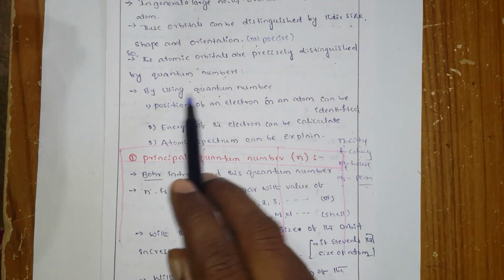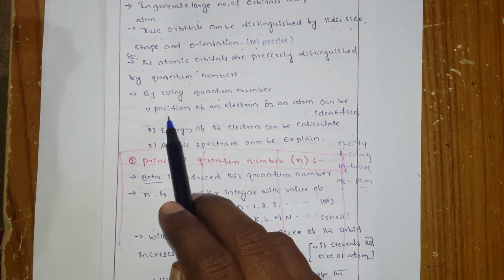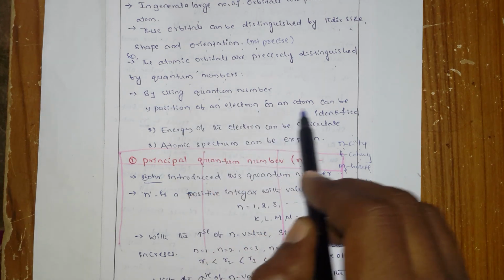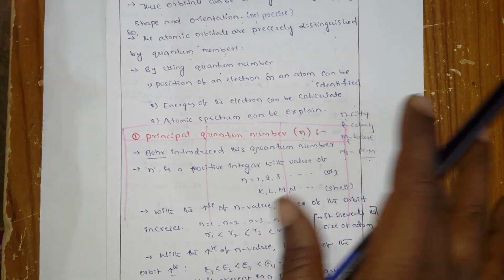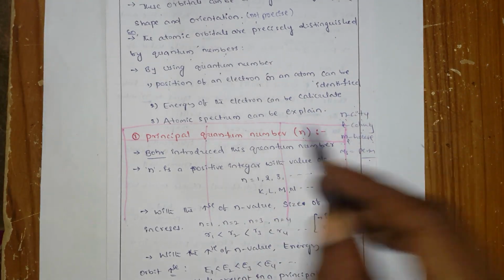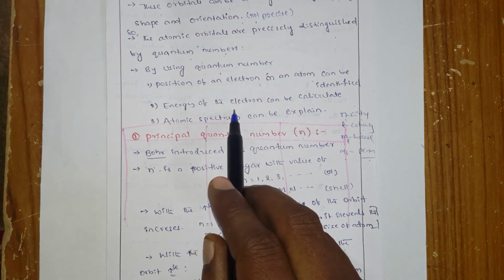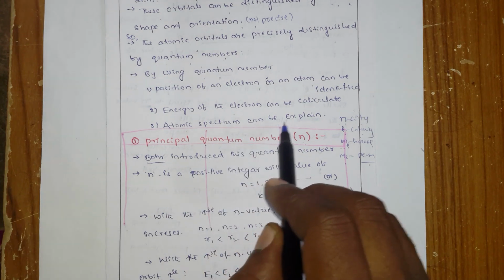By using these quantum numbers, you can precisely find the position of an electron in an atom. Not only that, you can also find the energy of that electron, and the atomic spectrum can also be explained.